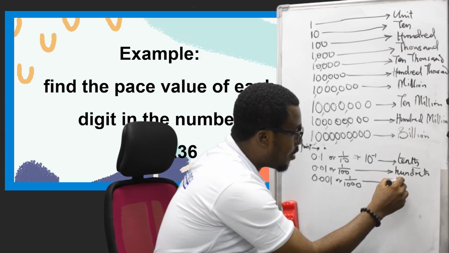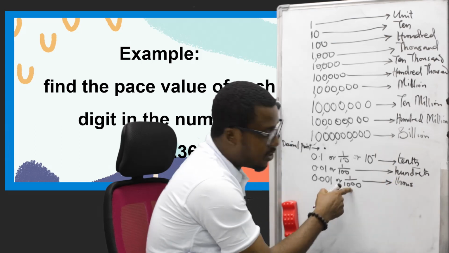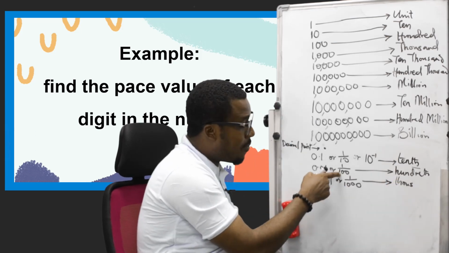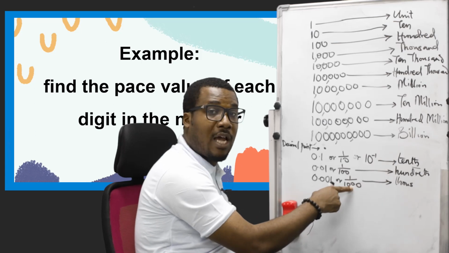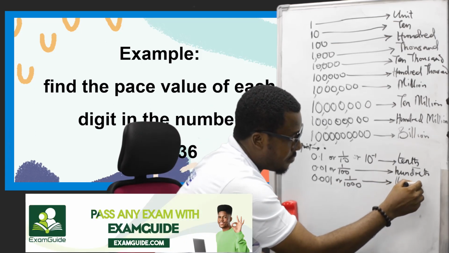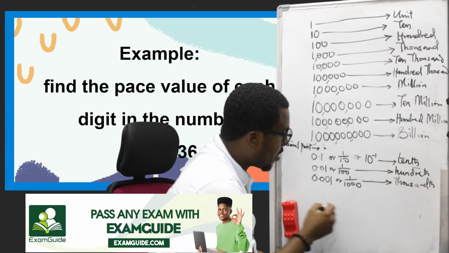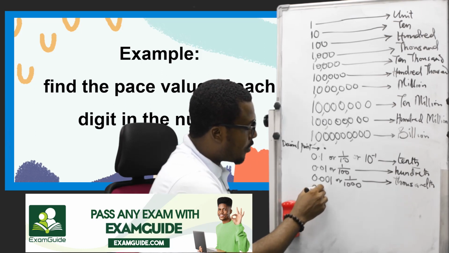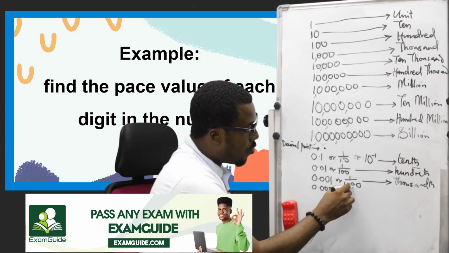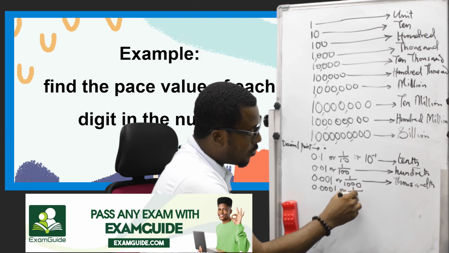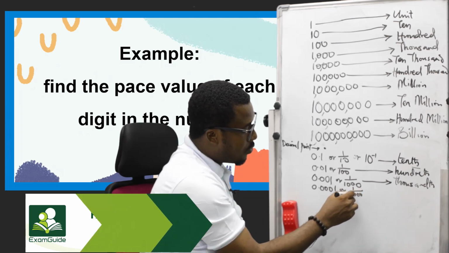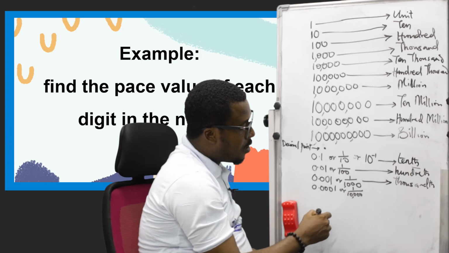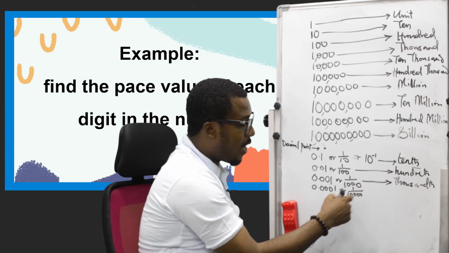This will be under thousandth, because the presence of 1,000 here, presence of 100, hundredth, presence of 1,000, thousandth. Then 0.0001 or 1 over 10,000. The comma here tells me that this is tens of thousand.